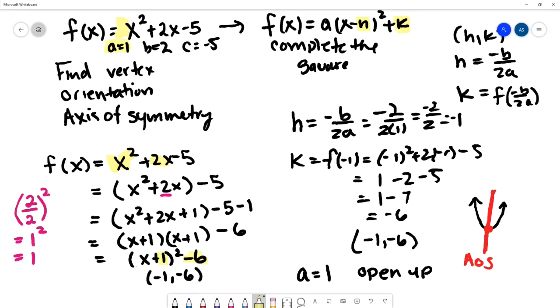So because it passes through the vertex, we can use that x-coordinate of the vertex in the equation of the axis of symmetry. So our axis of symmetry will be x equals -1. That's a vertical line that passes through the vertex. So for this example, we found the vertex to be (-1, -6). The parabola opens up and has an axis of symmetry of x equals -1.